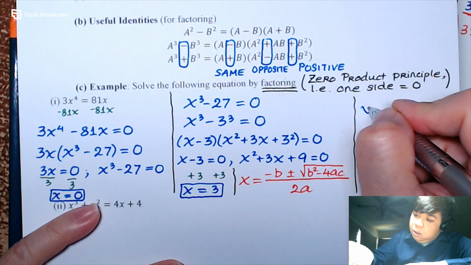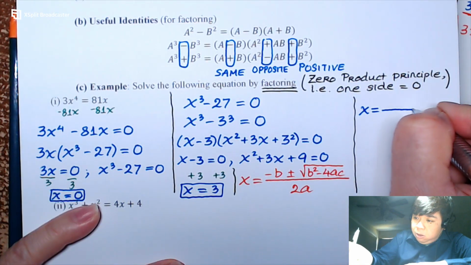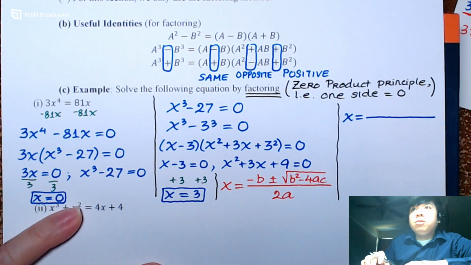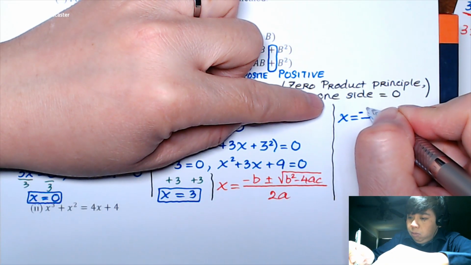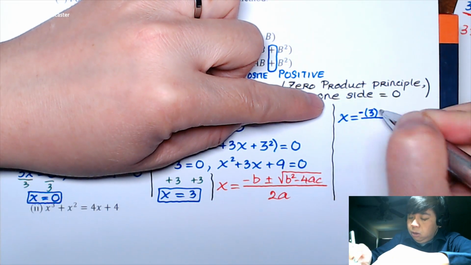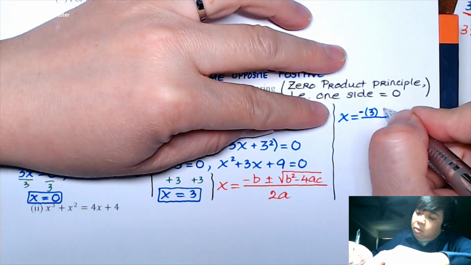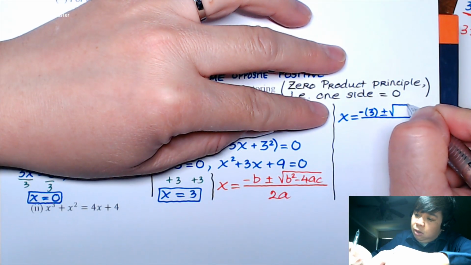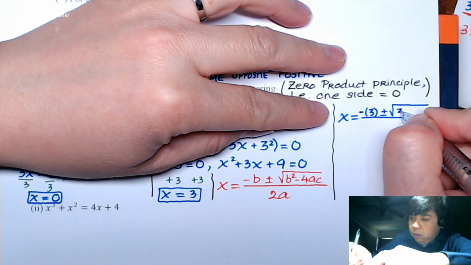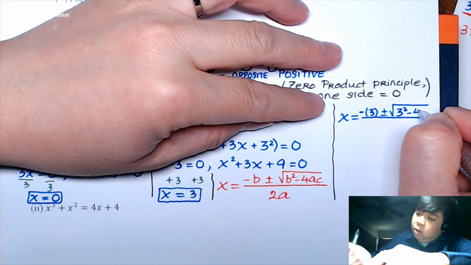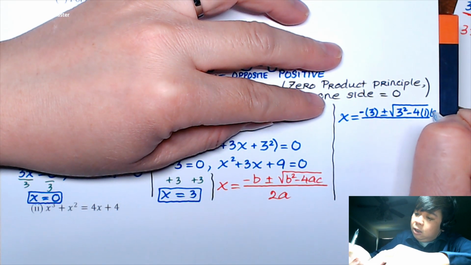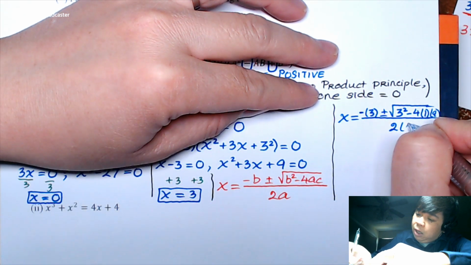So you have x equals negative b plus or minus square root of b squared minus 4ac over 2a.